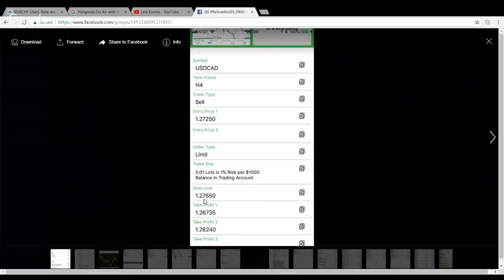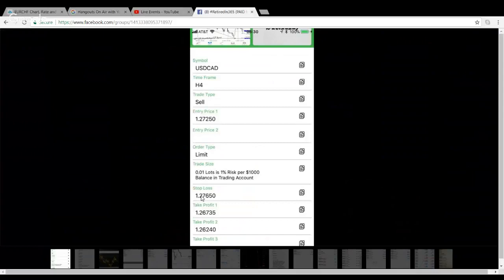They'll tell you the stop loss. So for example, right here, the entry price is 1.27250. And I'm going to actually put this in to show you guys how it's supposed to be done. And then your stop loss. For those who don't know, the stop loss is basically for when a trade is not going your way.